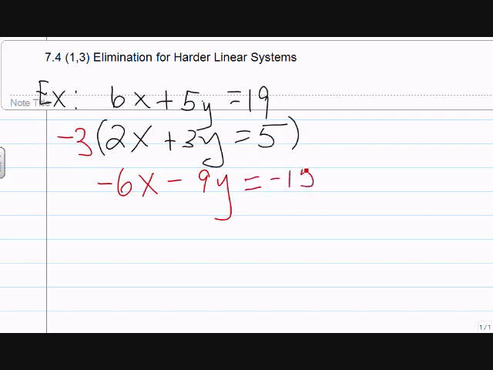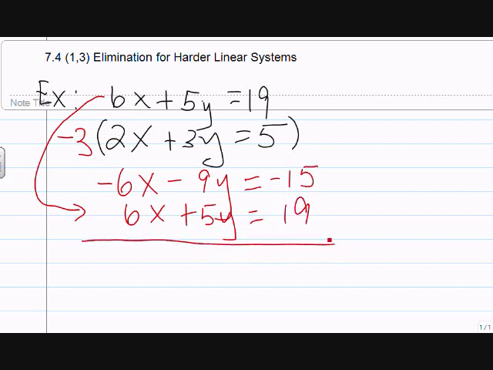Be sure to put in my equal sign. And that's fair to do if I multiply both sides of the equation by the same number. So I've multiplied every term in this equation by the same number, so this equation has actually the same value. And then I bring the first equation down and write it right below. 6x plus 5y equals 19.